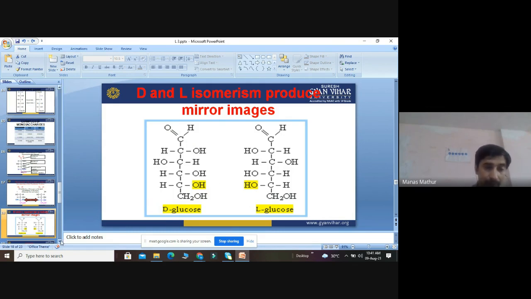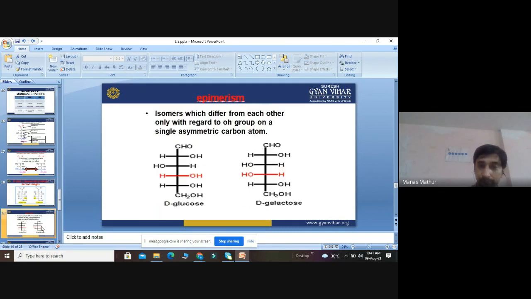Okay, then we will discuss another concept. So what are isomers? Isomers are those compounds which are chemically the same, but structurally they are different because of the position of the functional group on the penultimate carbon. Then we reach another group of compounds. Another concept is called epimerism.